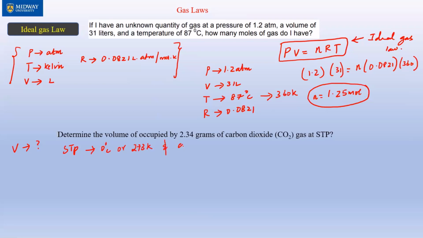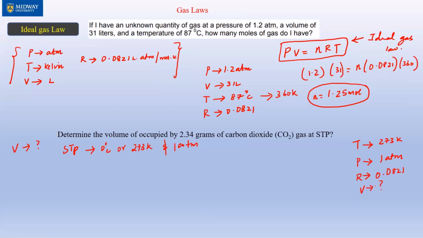So right away, what do we know? We know temperature is 273 Kelvin. We know pressure is 1 ATM. Whenever we are dealing with volume, we must use the gas constant, 0.0821. And then we also need to find volume.